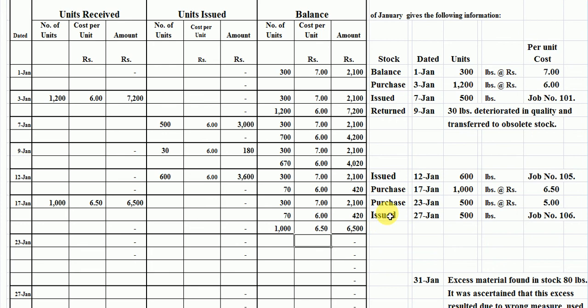Now on 23rd March we again purchased 500 pounds of materials at the rate of rupees 5 here. 500 pounds, the rate is 5 per pound.